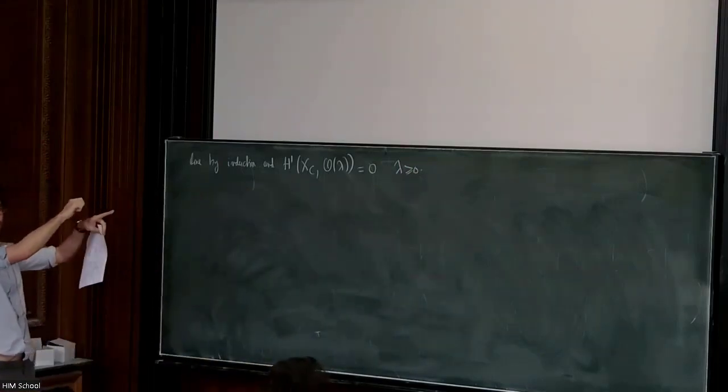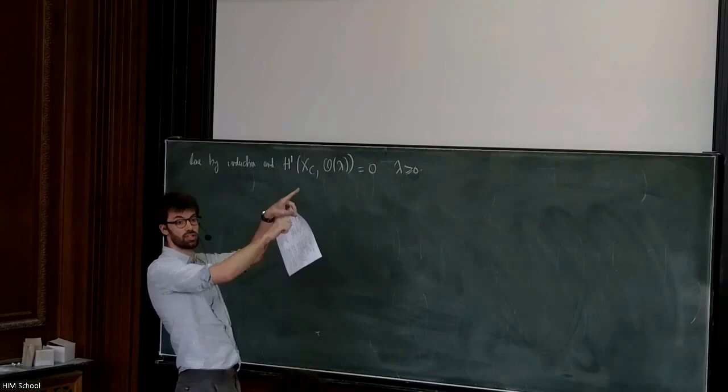Right, so if the vector bundle is not semi-stable, the Harder-Narasimhan filtration is non-trivial.